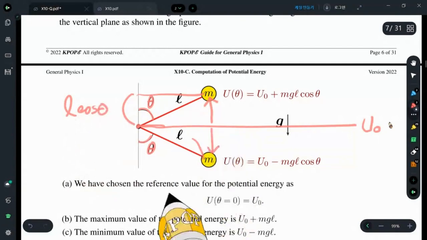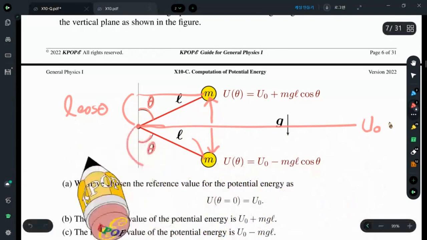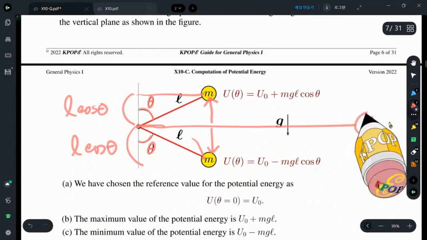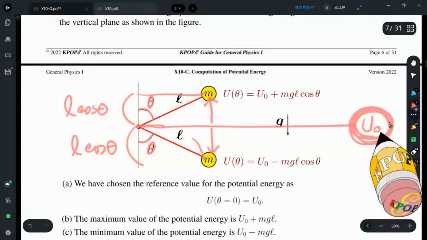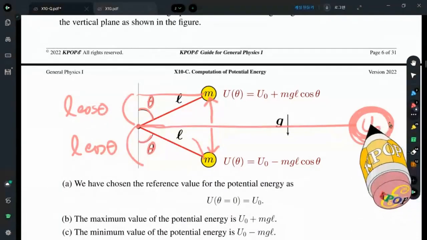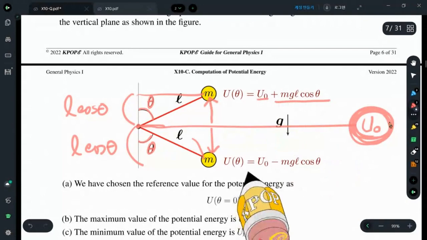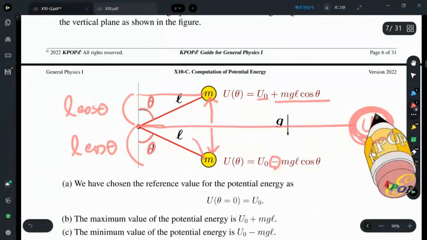So it is below the reference point by L cosine theta. So if we choose the reference point to be here and its value is u0, then it is u0 plus mgL cosine theta.